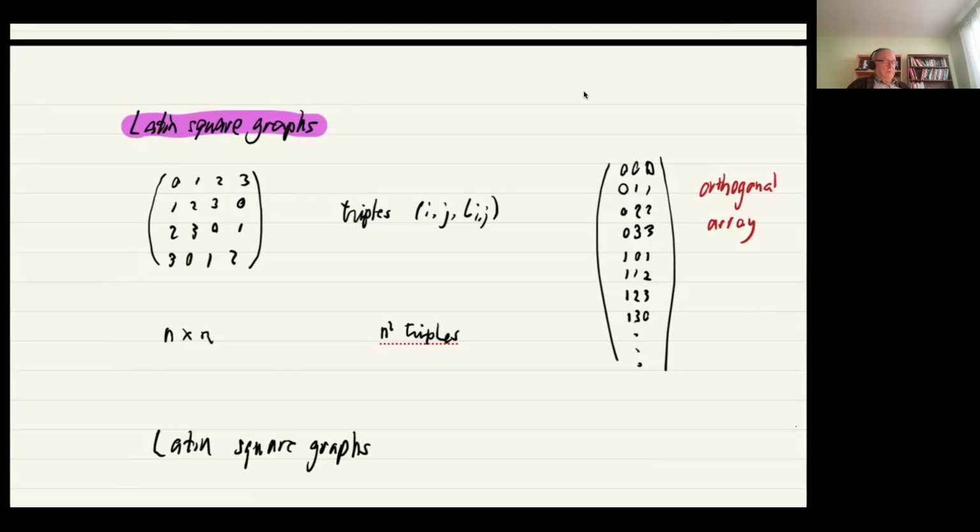So if we think about the triples, this is one of our vertices that corresponds to that square. And now there are three things in the same row, three things in the same column, and three with the same entry. So you get a 3n minus 3 regular graph.